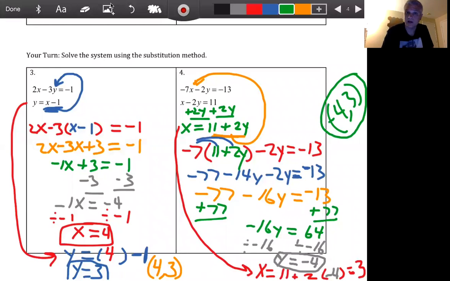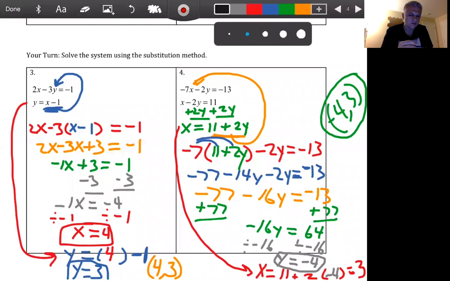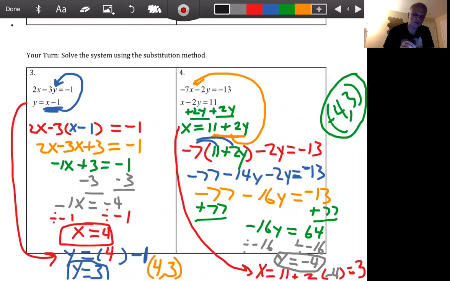And here we are. Okay, so I have questions 3 and 4 done out. With question 3, you can see that y was already isolated with x minus 1. So we substituted x minus 1 into the first equation right here.